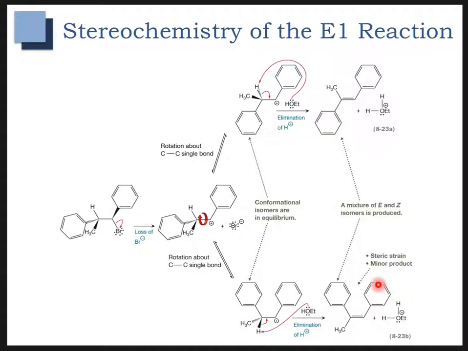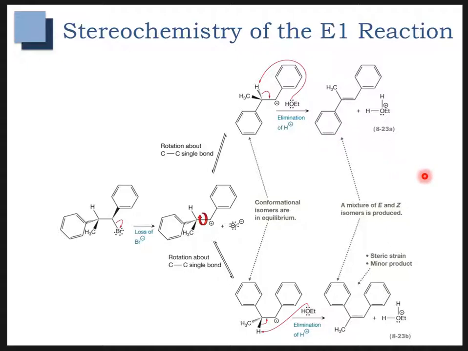If these are just smaller groups, so let's say these were fluorines, for example, we wouldn't see as much of the major product here. You'd have more of the minor, and you might get something closer to a 50-50 mixture. The bigger these groups are, the more steric strain, and then the more of the major product you're going to see, where the two bulky groups are farthest away from each other.